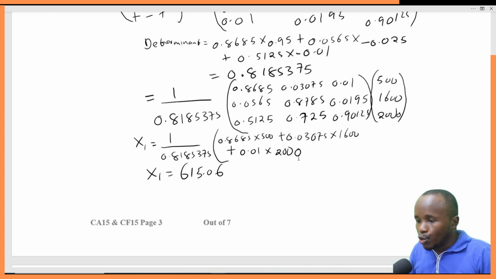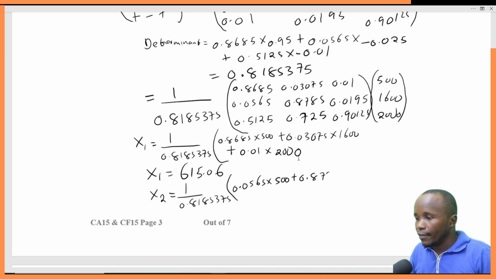We do the same for X2. 1 over 0.8185375 into brackets. We multiply 0.0565 times 500 plus 0.8785 times 1,600 plus 0.0195 times 2,000.